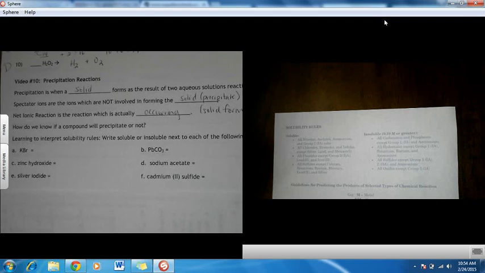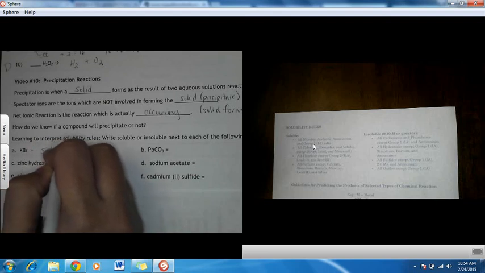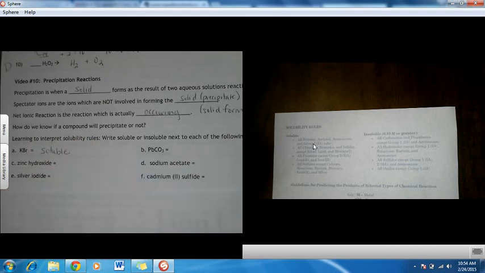So KBr. Rule 1 says that all nitrates, acetates, ammonium, and group 1A salts, so that salt is just an ionic compound, are soluble. What that means is any compound made with a group 1 metal will be soluble. And since potassium is in group 1, potassium bromide is soluble.